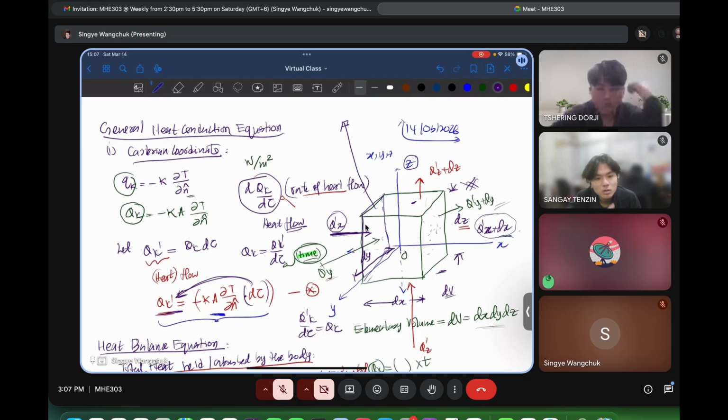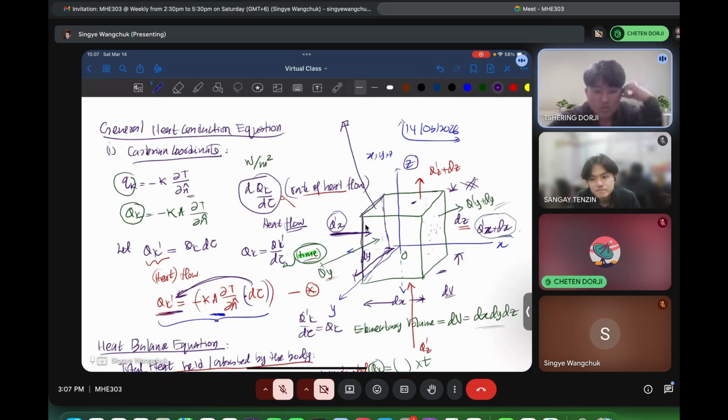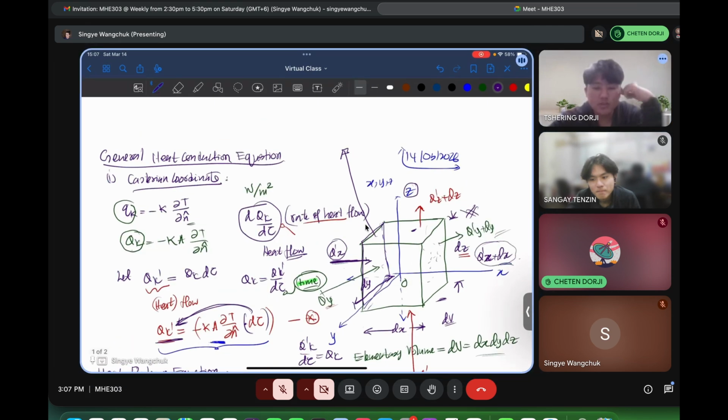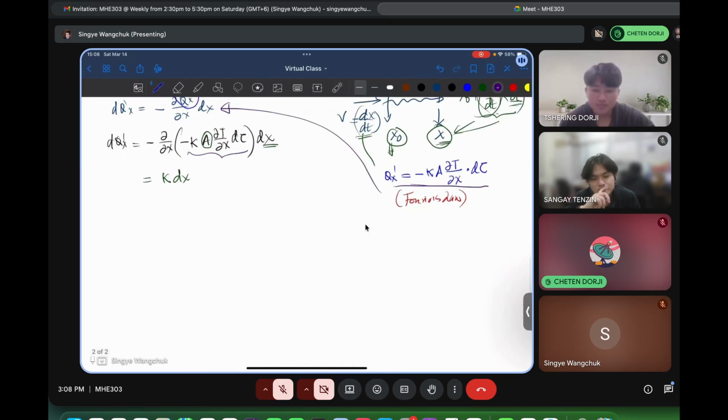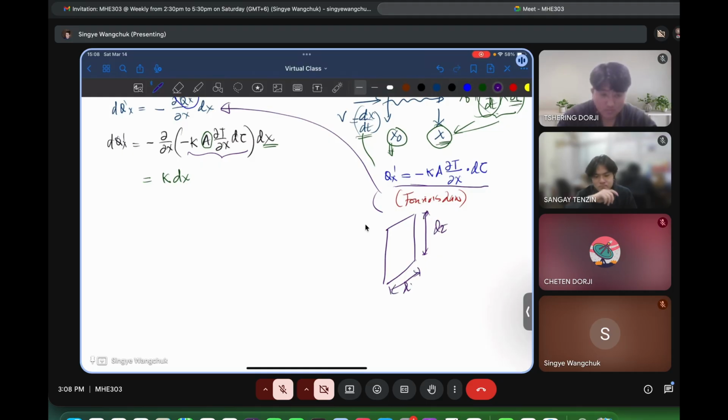The area is dy dz. You understood, right? We are just taking this only. So our area through which heat is flowing is this: this is dz and this is dy. And our heat is here q' x.